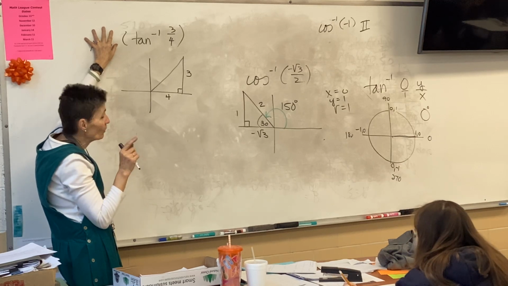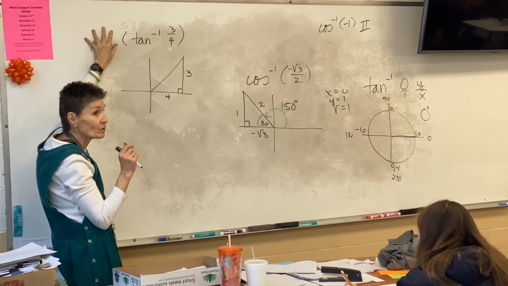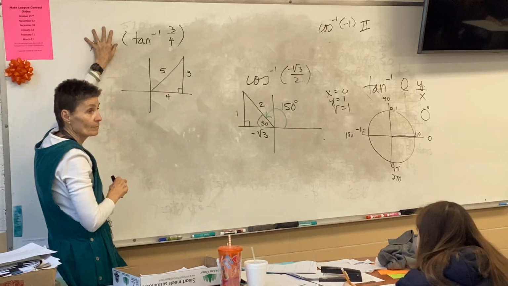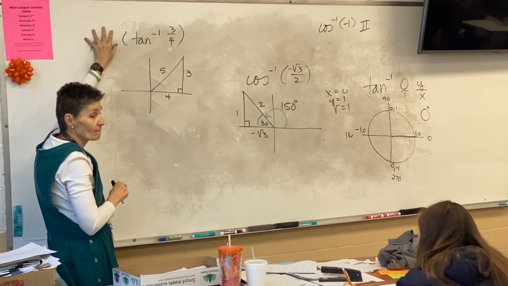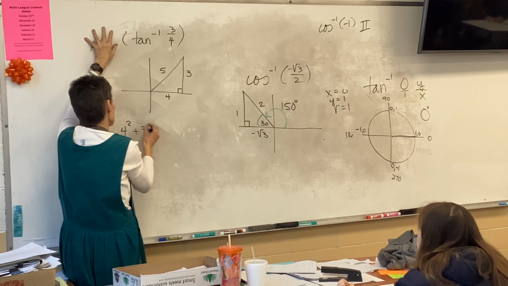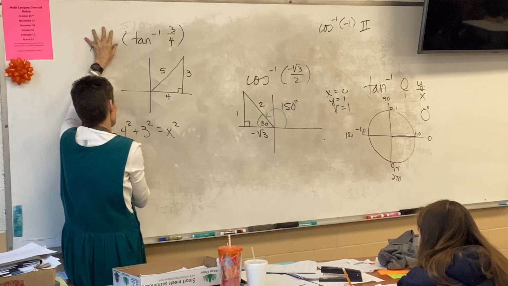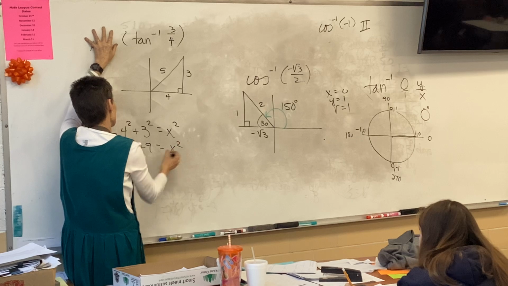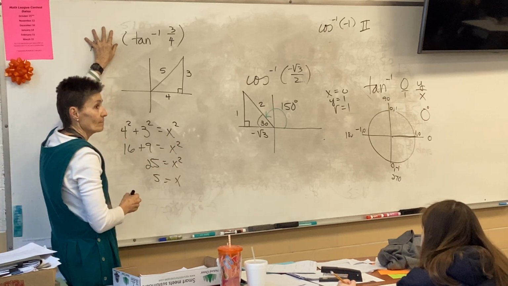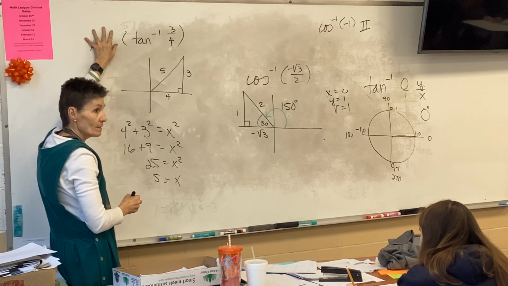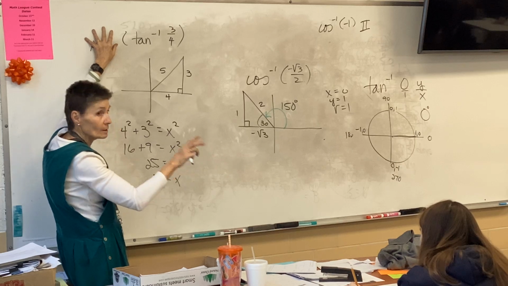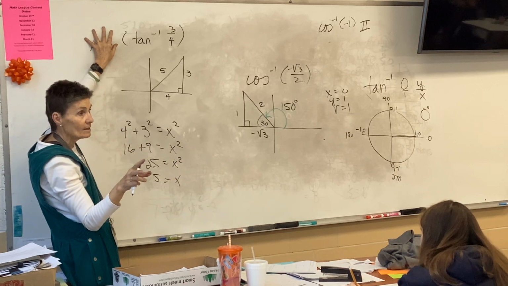You don't get 25, you actually get the square root of 25, which is 5. 4 squared plus 3 squared is x squared. 16 plus 9, 25 is x squared, so x equals 5. Okay, so I have looked at my parentheses and I have drawn my picture from the parentheses, okay?